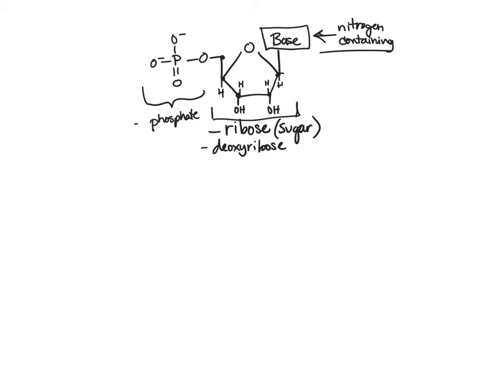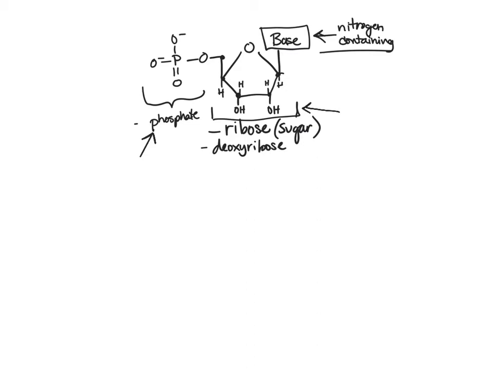So let's take a look at how this nucleotide as a whole works. This again is our monomer, and if you remember what we've been talking about with all of our biological molecules, we have our monomers, and then they're connected to each other to make the polymer. So a bond is going to form between the phosphate of one nucleotide and the sugar of the next nucleotide.